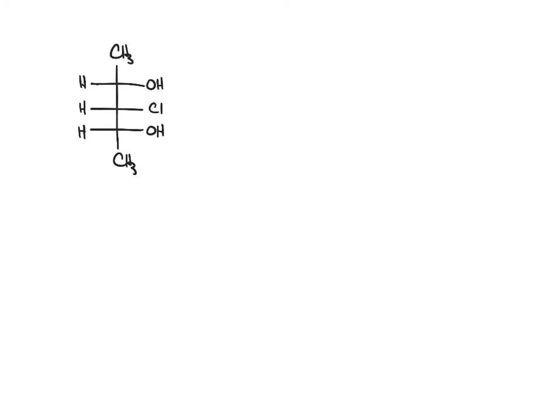For example, if you had this structure, in the Fischer projection, it's actually pretty easy to see that you have this symmetry plane, despite having these two chiral centers.